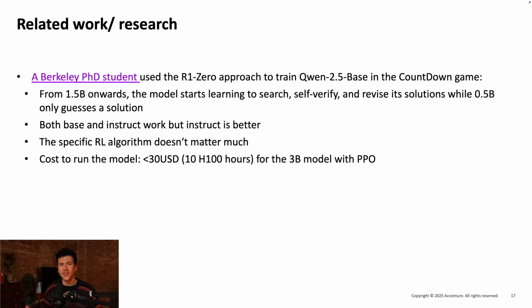Research like this can only happen because they really laid out what they are doing. And so other teams can replicate this approach and try different approaches and make better decisions. And iteratively, the whole community itself improves based on that. So now the Berkeley PhD student found out that the specific RL algorithm doesn't matter much and you only need 1.5B parameter models.